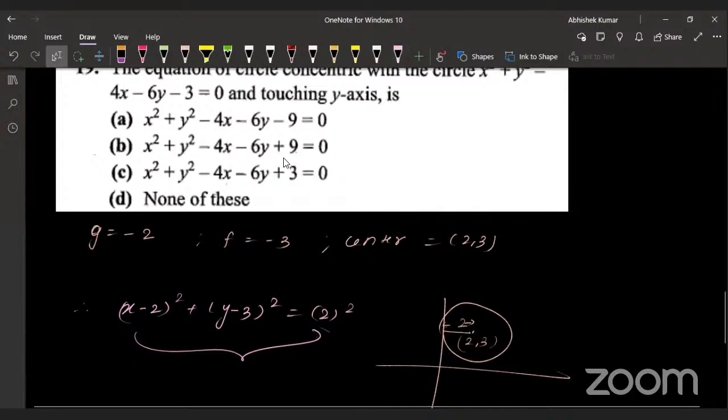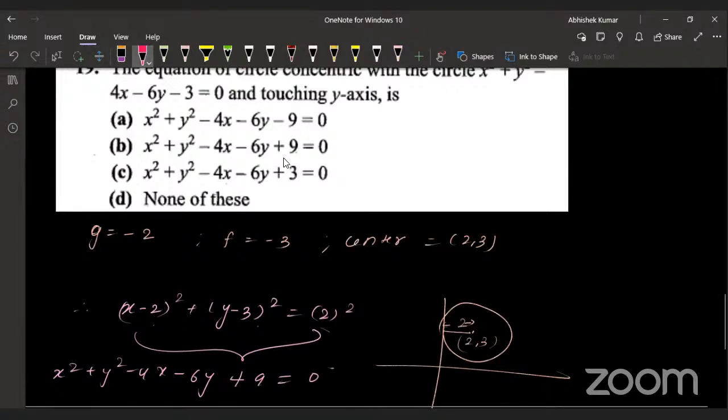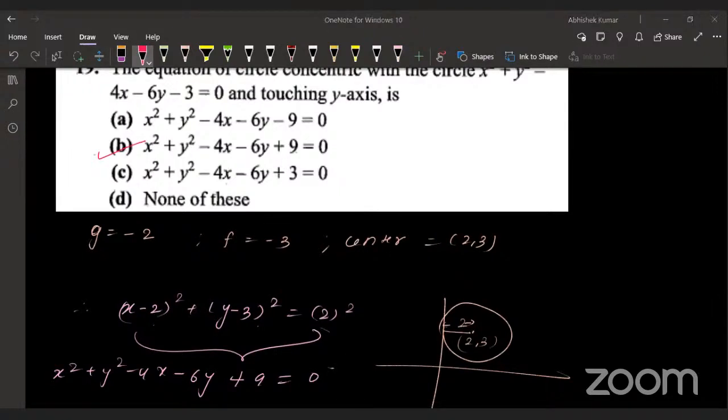You will get x square plus y square minus 4x minus 6y, plus 4 plus 9, that's 13, minus 4, so plus 9 is equal to 0. Option B is correct. All right. Correct or not? Yes. Okay. Now, seems a good question. Let me share.